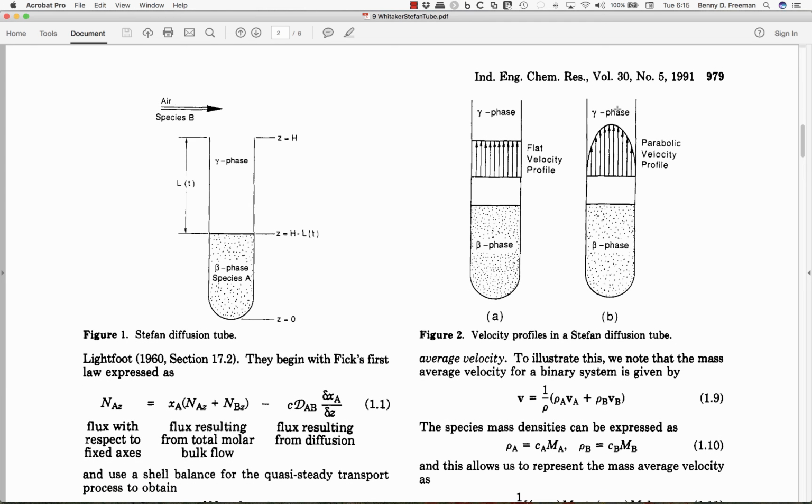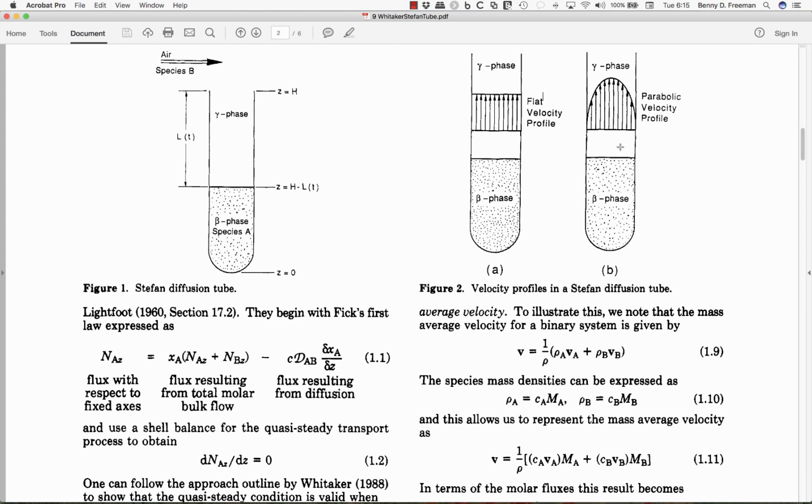You'll realize, from fluid mechanics, that this flat velocity profile has to be an approximation, and so in here, Whitaker walks through the analysis in more detail about cases under which the flat velocity profile is an adequate approximation to the parabolic velocity profile that you should expect in these kinds of systems.